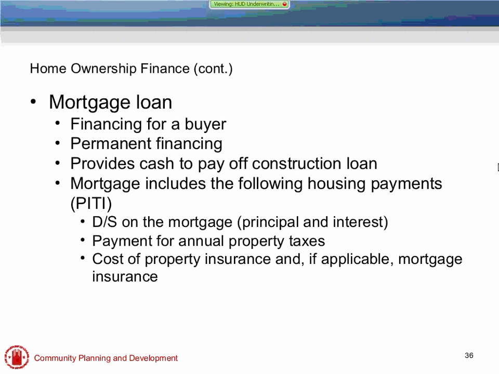We're going to have a monthly debt service amount that the homeowner is going to be looking at, and that monthly debt service is going to pay for both the principal and the interest on the loan, and it's just going to vary each month how much is going towards principal and how much is going towards interest. So we're looking at the debt service on the mortgage, we're looking for the payment of the annual property taxes, the property insurance, and if applicable, the mortgage insurance. So all of those components are going to go into the actual payment.